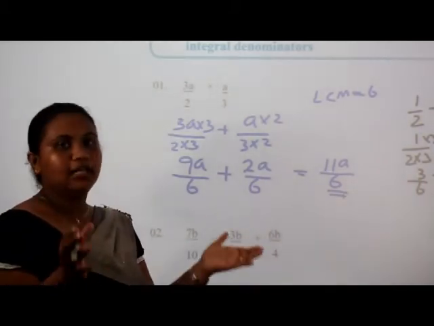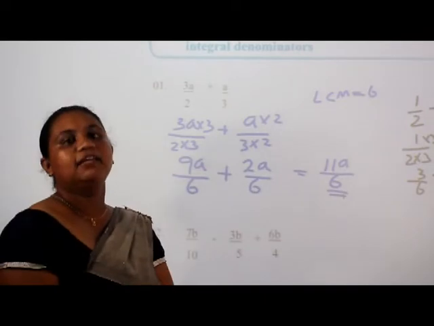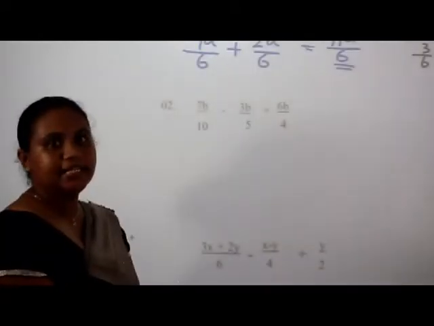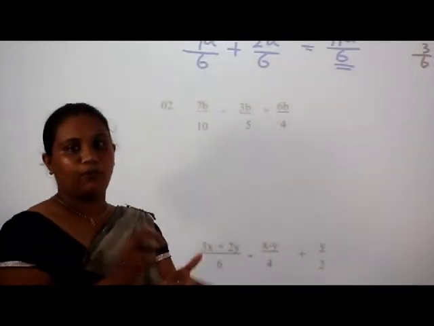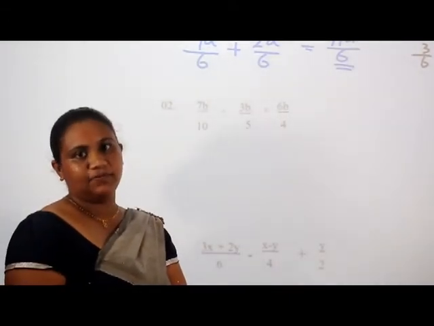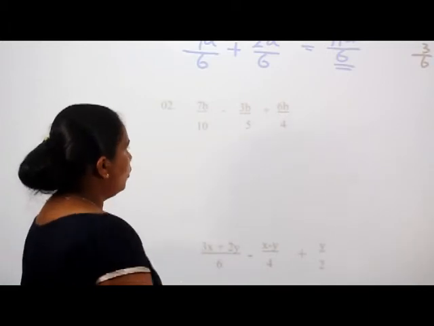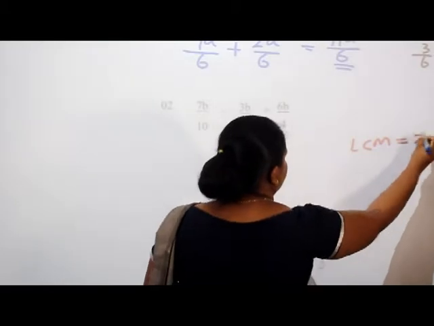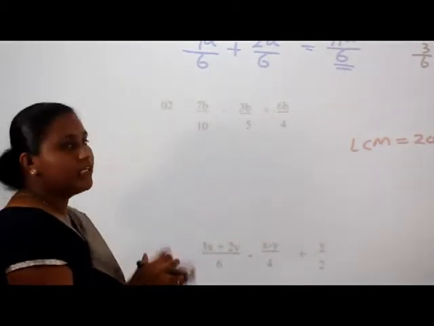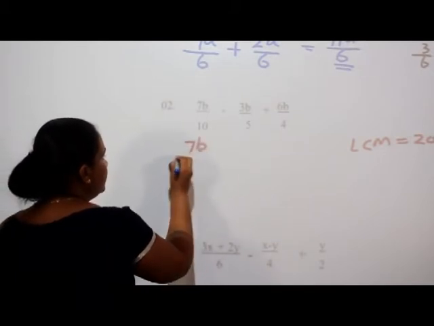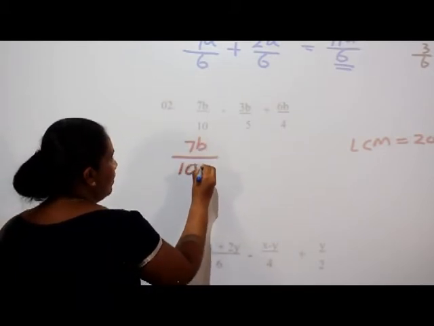Just follow the procedure for simplifying fractions. Let's see the next one. Here, the denominators are 10, 5, 4. So how can you take a common denominator? You should find the LCM. You already know the LCM of these numbers is 20. So when you convert the first fraction into 20, you should multiply both numerator and denominator by 2.